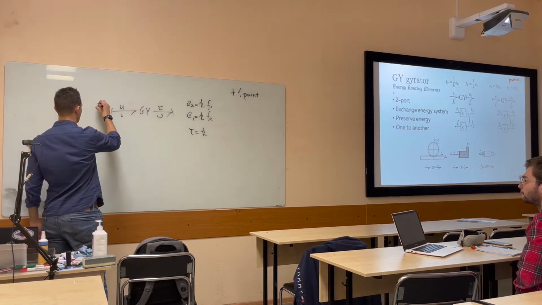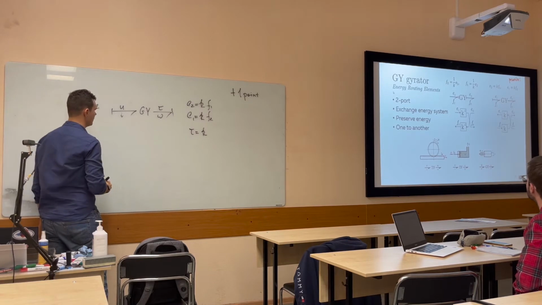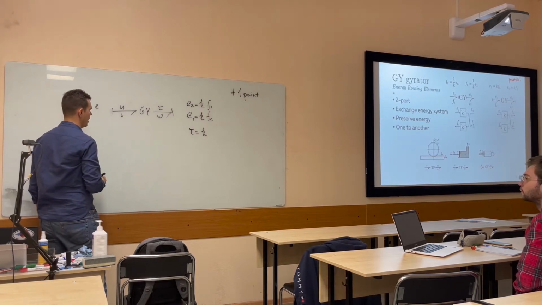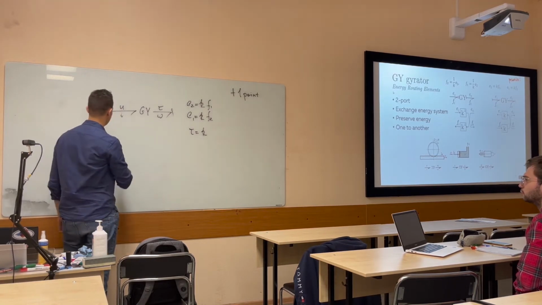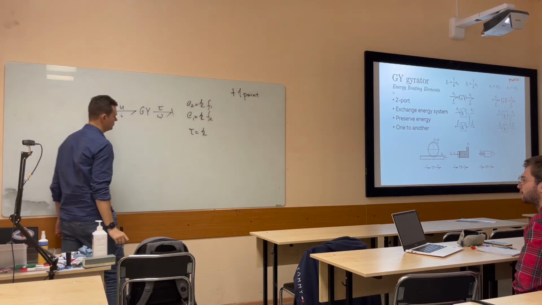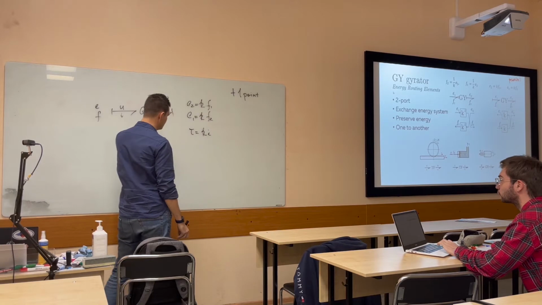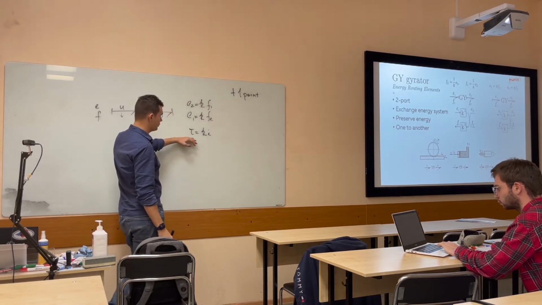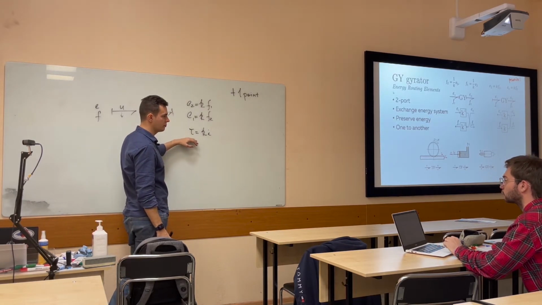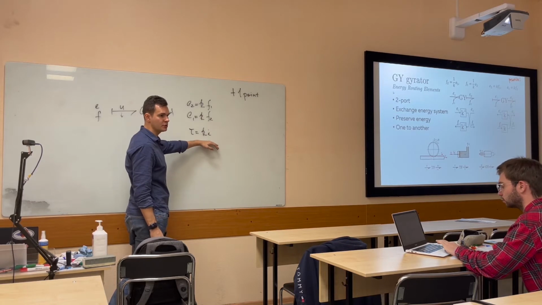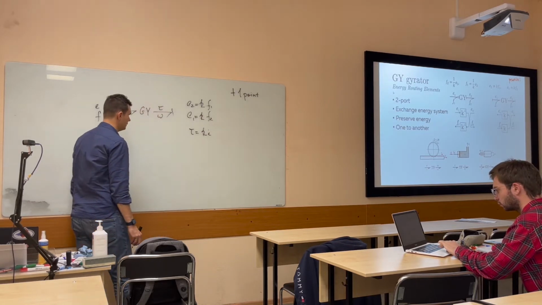So here on the upper position I'm writing F1. On the bottom is the current, so I need to put I here, and from here you can see that torque is linearly proportional to current.